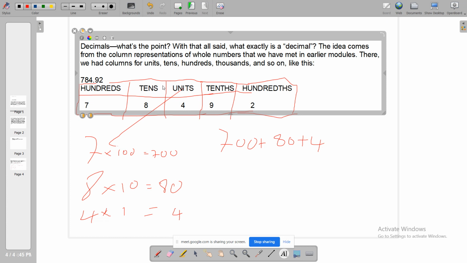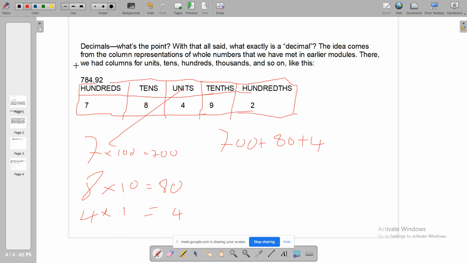So normally you see that if this 9 gets to 10, it will move toward this. The moment this 9 here gets to 10, it will add up to this. So here will be 7, 8, 5.